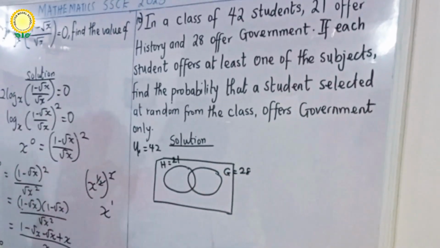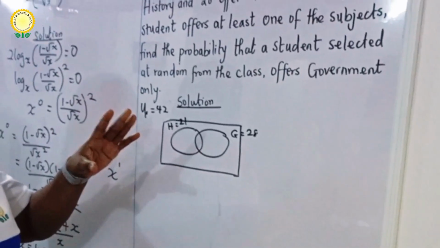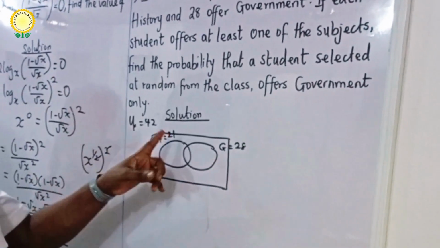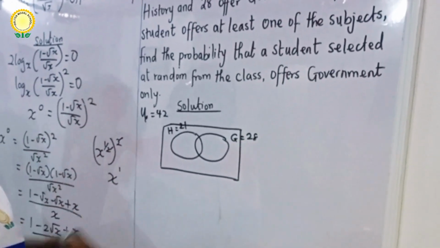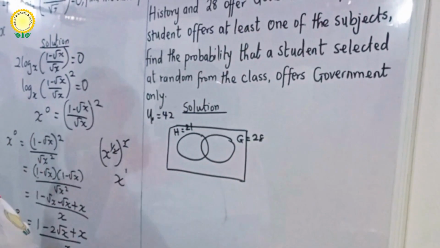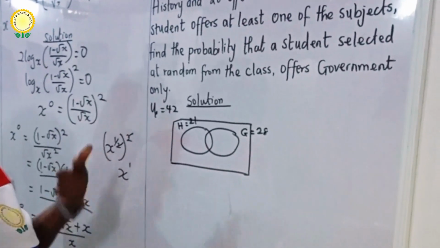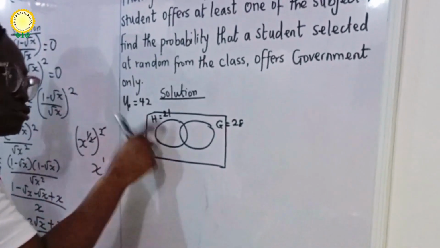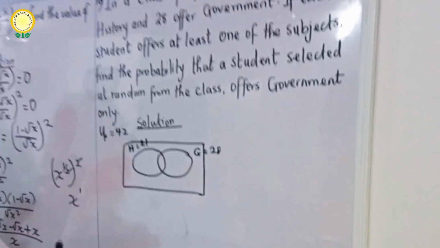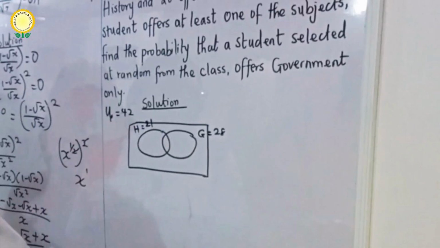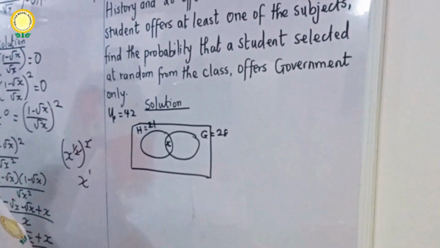If each student offers at least one of the subjects, if you add 21 plus 28, that's 49, and the total number of students is 42. That means obviously some students are offering both subjects. So that is why I drew this Venn diagram this way. There's an intersect. Okay, that means some people are here. Let's call them x because we don't know the number.